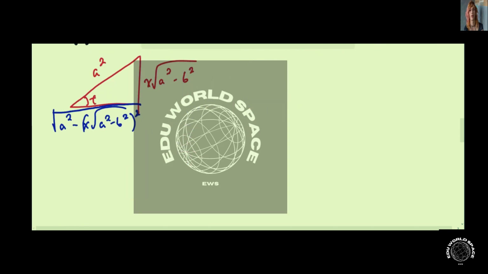So we have a little bit of a nested root situation, which would be the square root of a squared minus x squared times a squared minus b squared. Just like that. That's good enough.